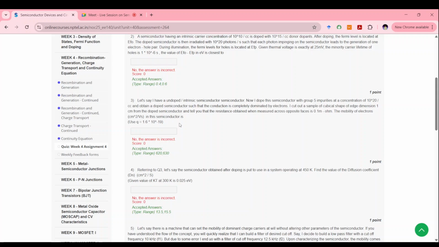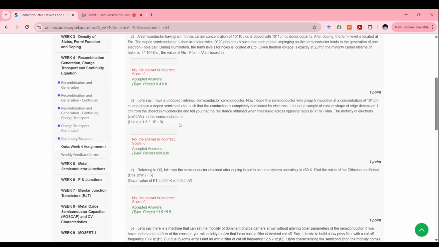and tell you that the resistance. So this is also another resistance problem. So the equation is already given there. Obtained when measured across opposite faces is 0.1 milliohm.